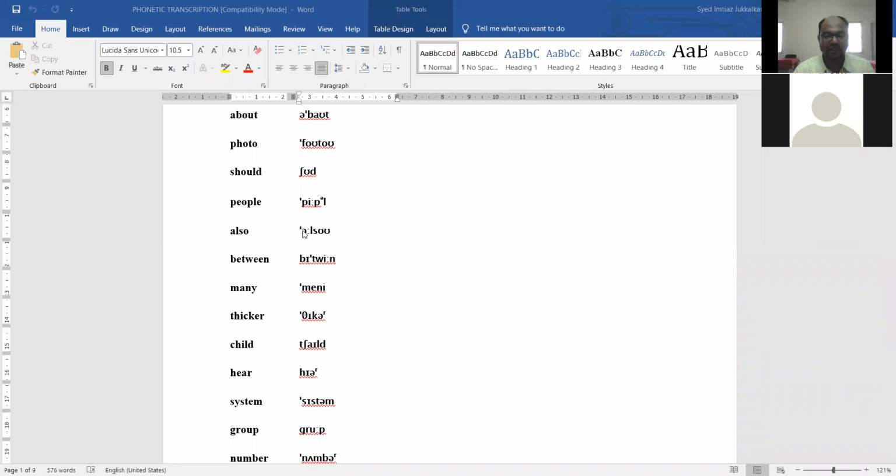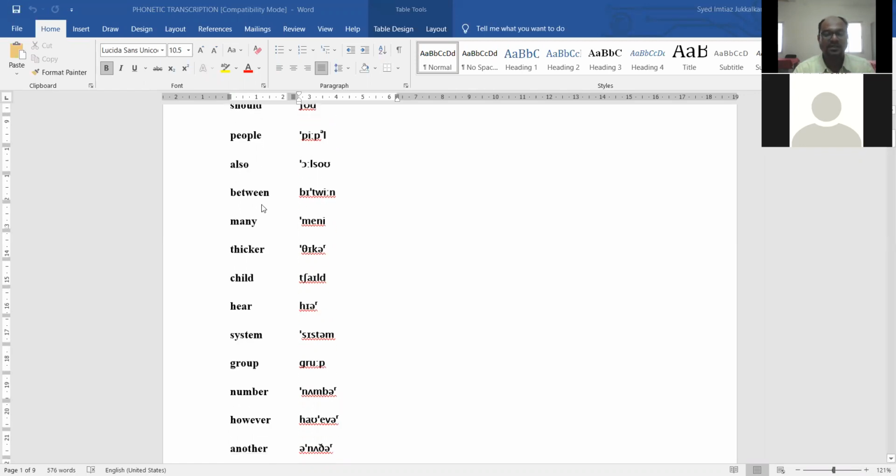There are two dots, long, l, s, "also." This is a diphthong. Then let's move to the next word, "between," b, e, t, w, long e, "between."